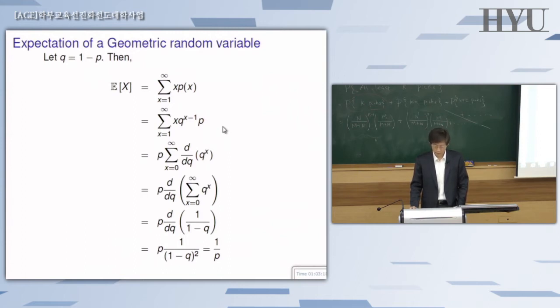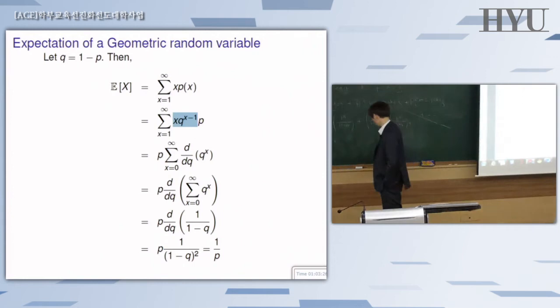And if you know calculus, you see that this part is exactly the same as the first derivative of this q to the x. You know this one, right? If you differentiate things like x to the 3, which is x cubed, you bring down this exponent and make the new exponent 1 less than that.